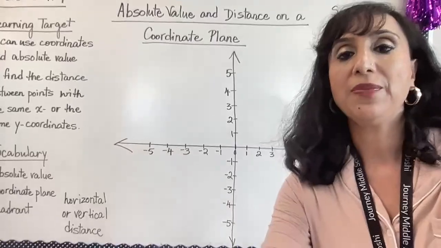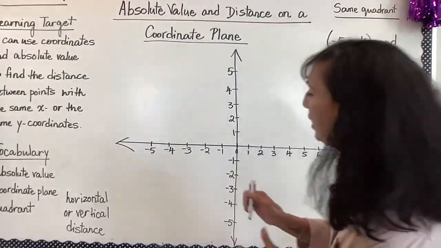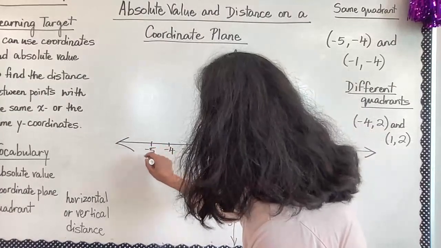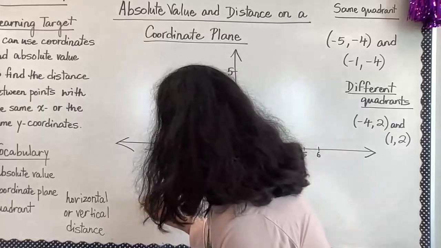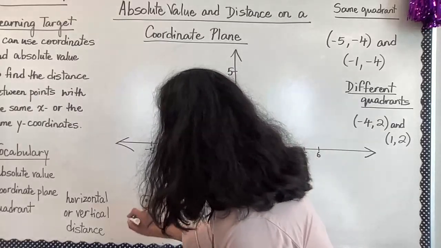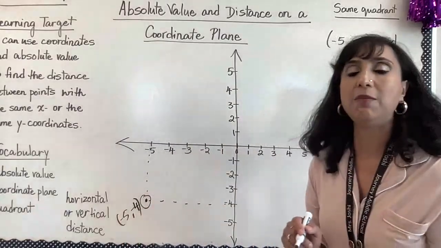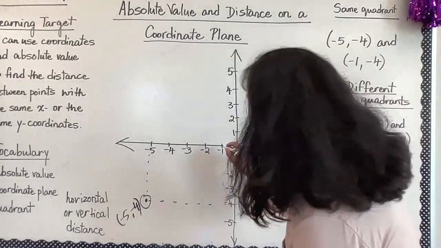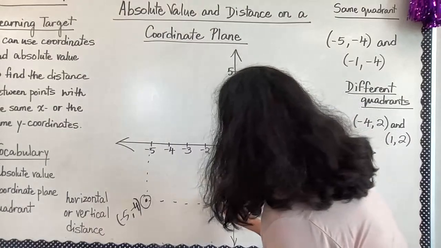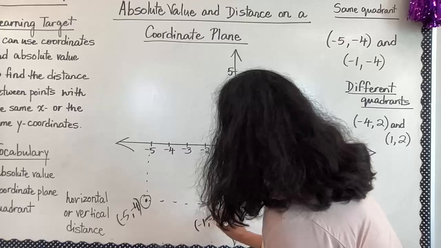So here's -5, and here is -4. Then my other ordered pair is -1, -4.